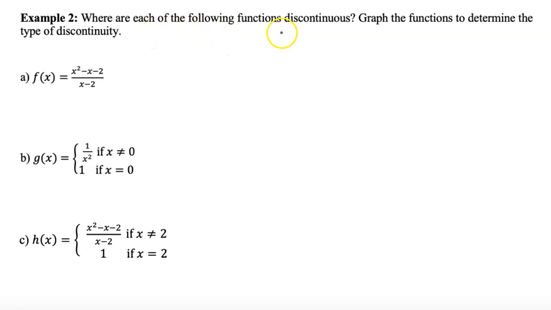So a function is undefined when we have a few different things. Number one, a function is undefined when we have a 0 in the denominator.